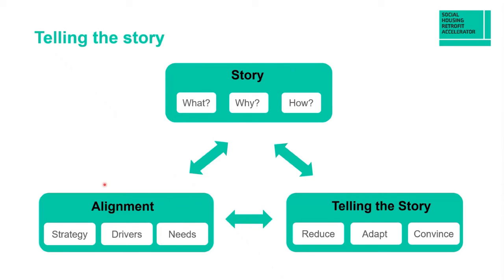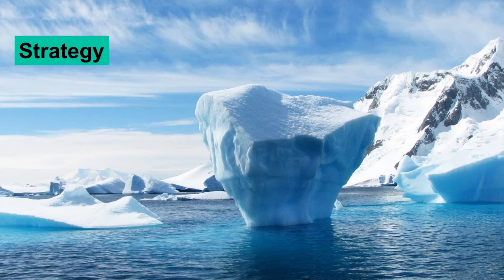And then when you have the story and you've got your alignment sorted out in your mind, you have to tell the story. You need to tell it effectively. And to do that, you need to be able to reduce the complexity of your story, adapt it to the different audiences, and then use the story to convince. And this process of working your story and telling it goes on throughout the project.